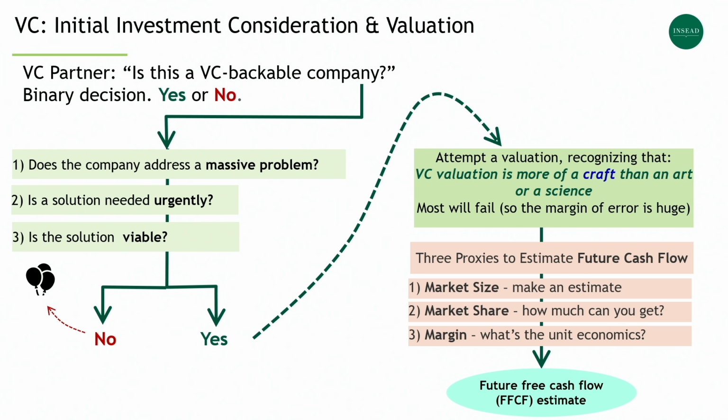Once I have those questions in place, I can potentially even look at future cash flows, or as we call it, future free cash flows as an estimate. And that then gives me an idea if I would like to run a DCF, a discounted cash flow, for that startup. So those were basic considerations right at the beginning.